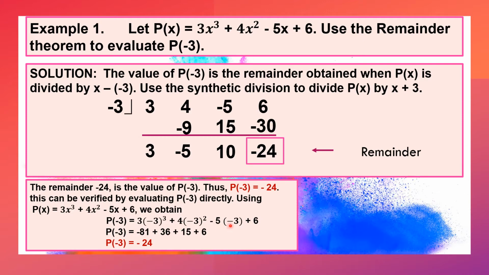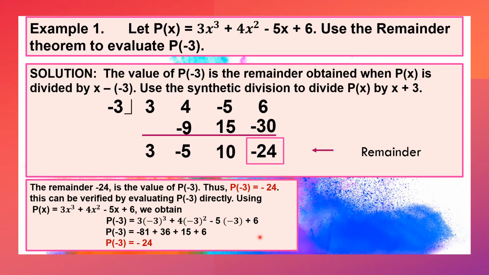Negative 5 times negative 3 is positive 15. Then plus 6. Simplifying it further, we have negative 81 plus 36 plus 15 plus 6 is equal to negative 24. So as you can see, our p of negative 3 is equal to negative 24.